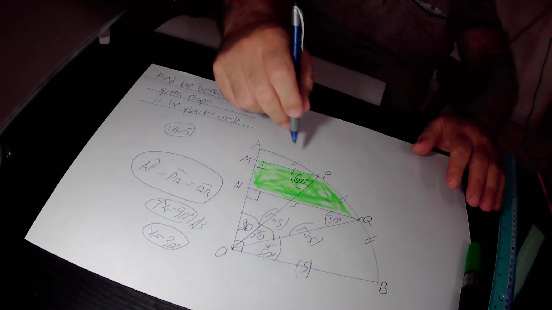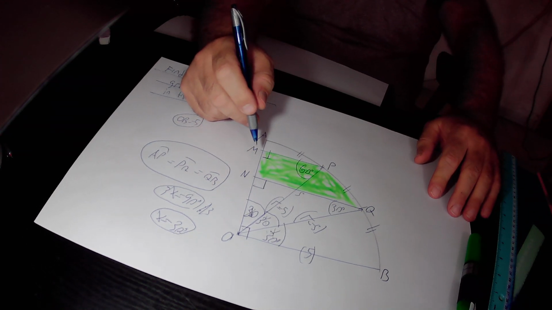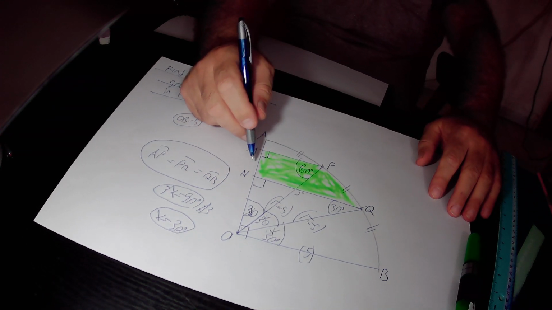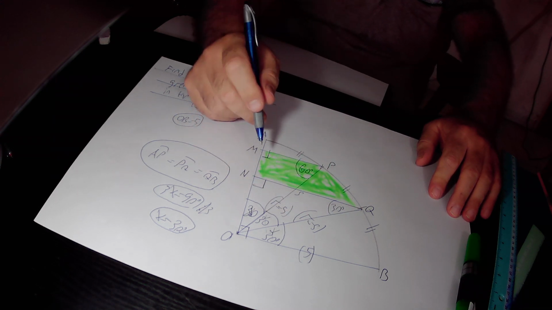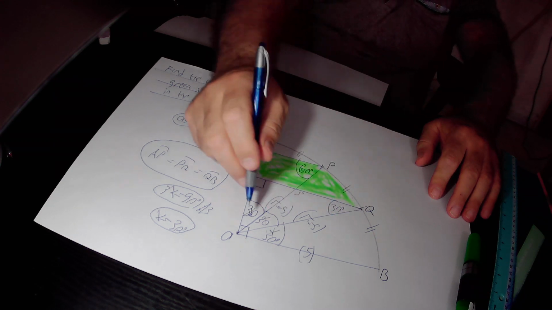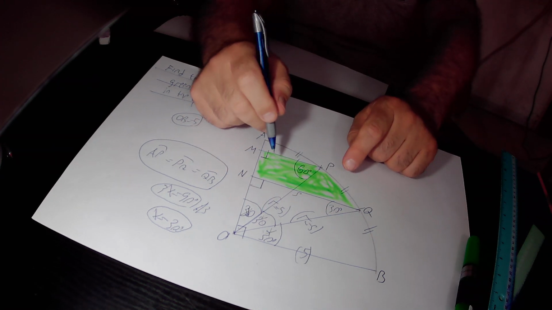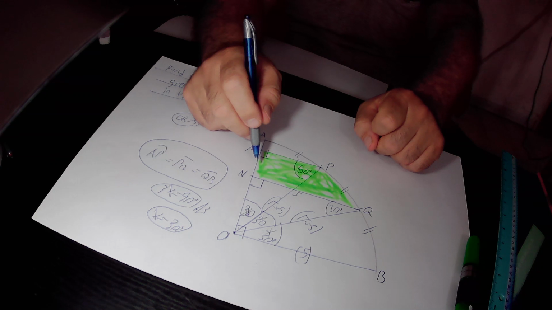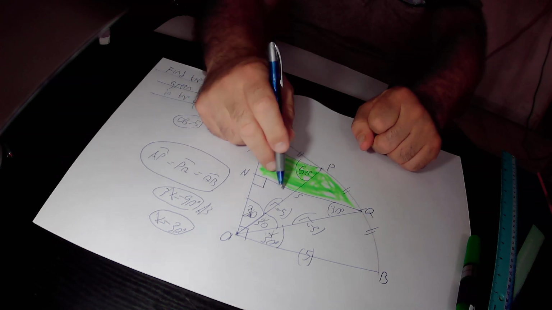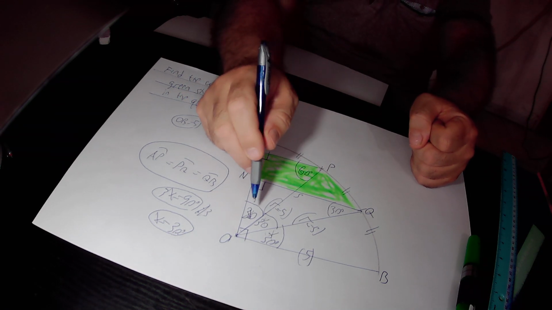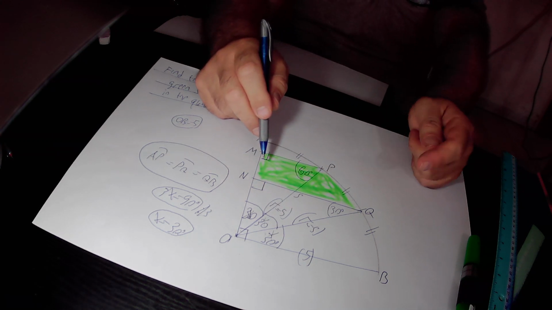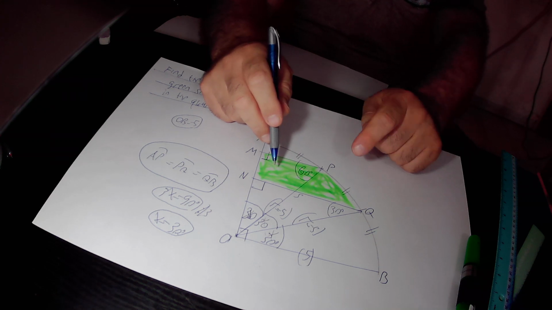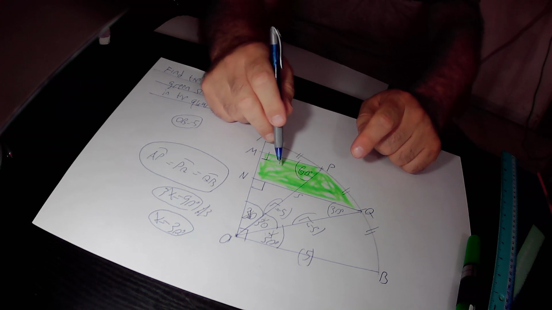So this is the right triangle NQO. It's very easy to see in the drawing that this right triangle NQO consists of two triangles. It consists of this right triangle NSO and this triangle SQO. And therefore, the right triangle NQO must be equal to the sum of the components that it consists of.